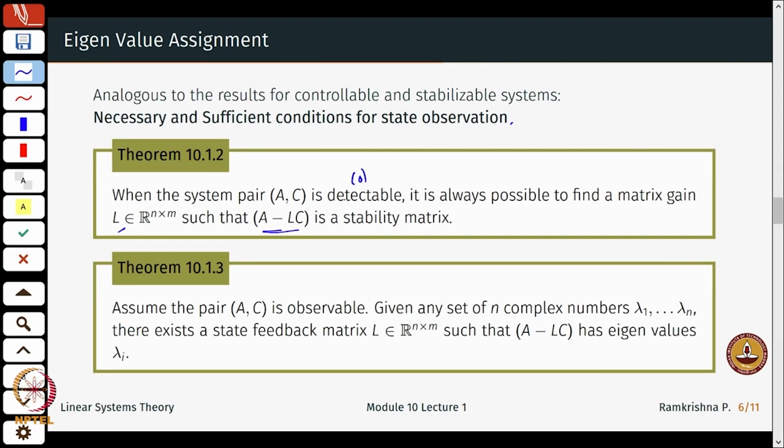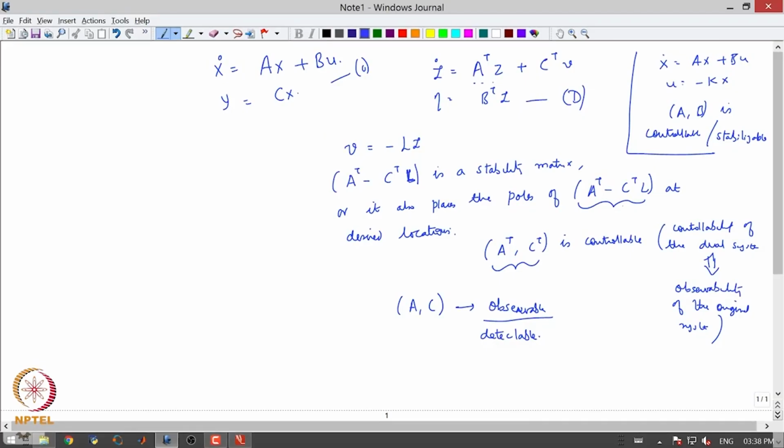When AC is detectable or observable, it is always possible to find a gain matrix such that A minus LC is a stability matrix. So these are both necessary and sufficient conditions. Further, what we saw here is not only that this matrix is a stability matrix, it can also place poles at desired locations.